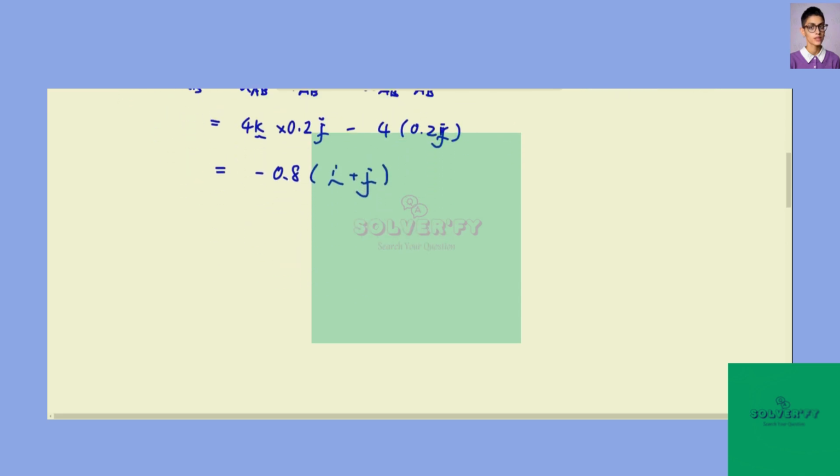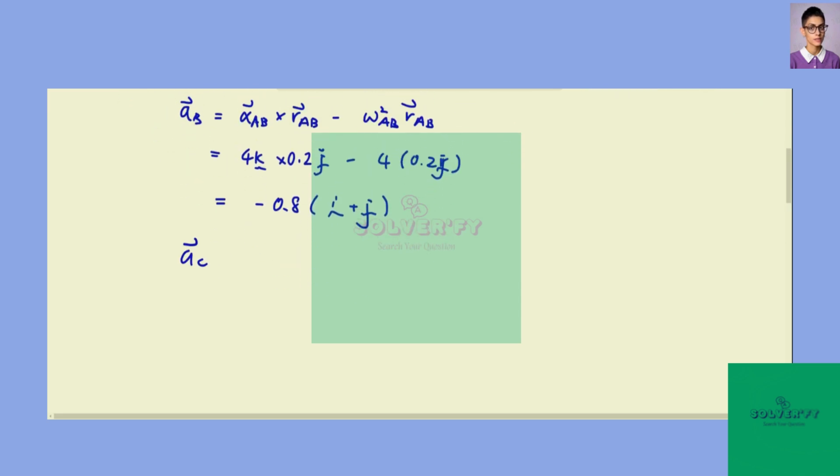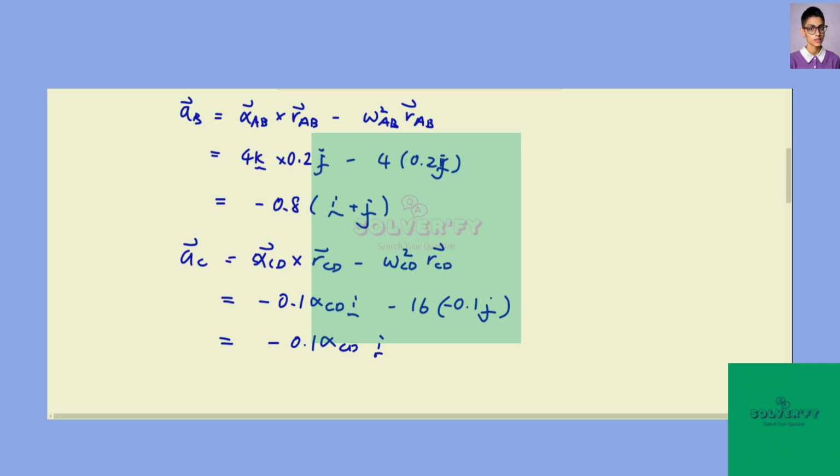Then you can find the acceleration of C, equal to alpha CD cross RCD minus omega CD squared RCD. This is equal to negative 0.1 alpha CD i minus 16, since omega CD is 4 and squared you get 16, times RCD, which is 0.1 negative j. So you get minus 0.1 alpha CD in the i direction plus 1.6 j.